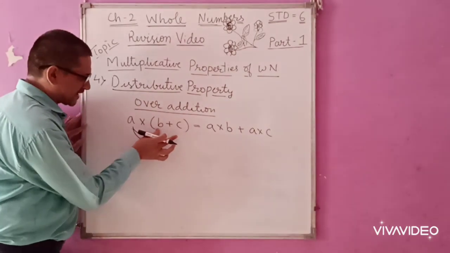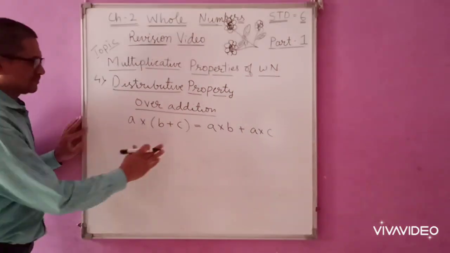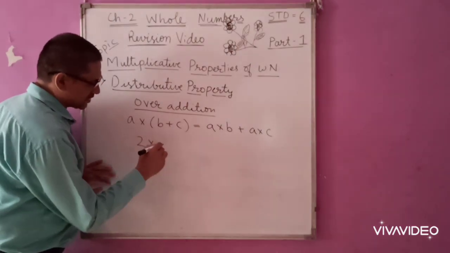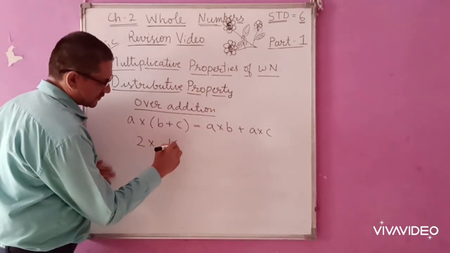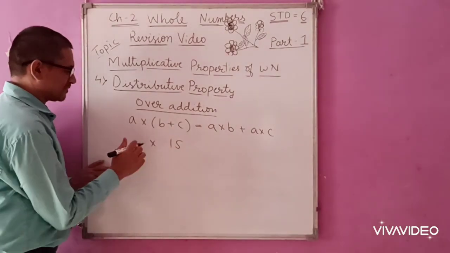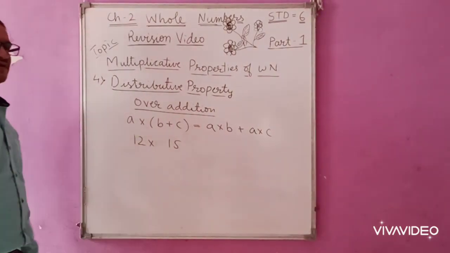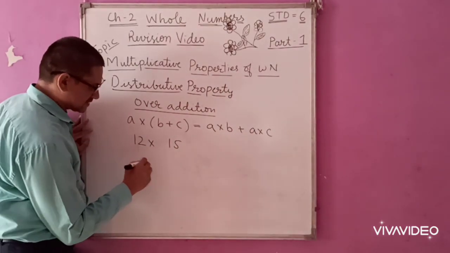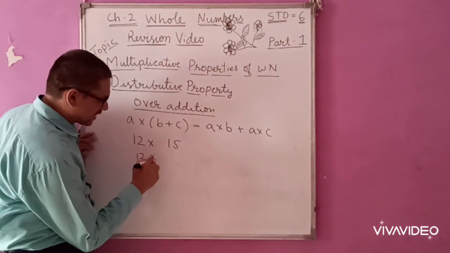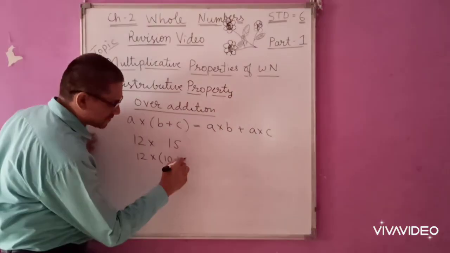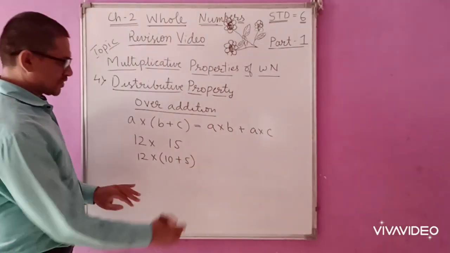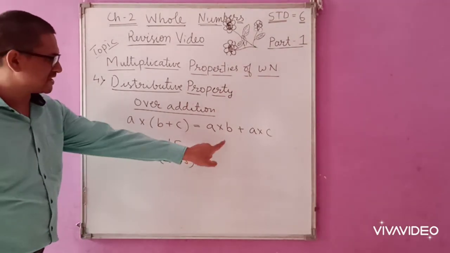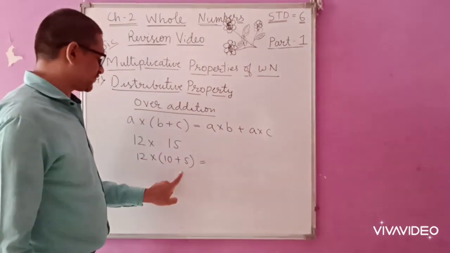So I'll give you an example. I want to multiply 12 into 15. Here I can split this number as 10 plus 5. So similarly, A means 12, B means 10, C means 5.